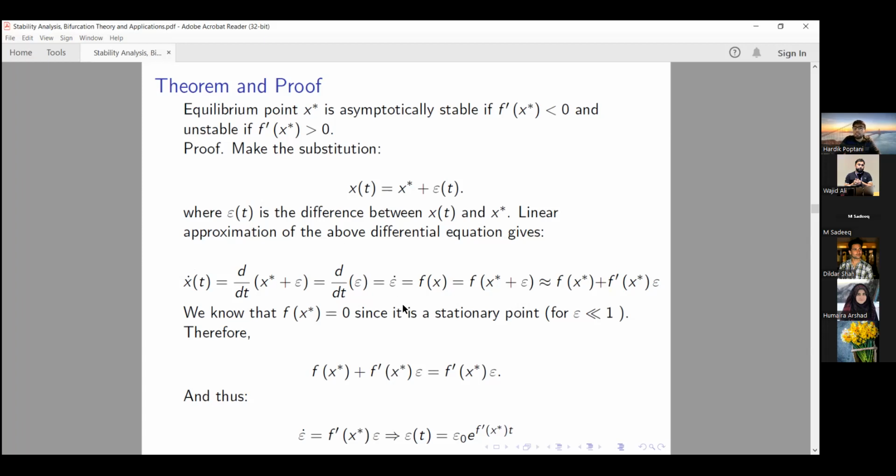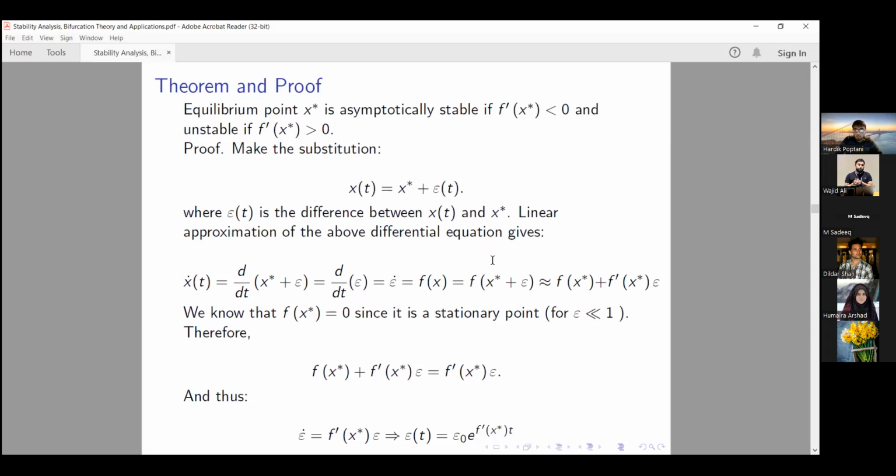Now, of course, x dot is equal to f of x by definition. So if you just substitute that in, f of x star plus epsilon, and then we do a Taylor approximation, only considering linear terms, f of x star plus f dash of x star epsilon. But since we know that this is an equilibrium point, this first term right here will be 0.